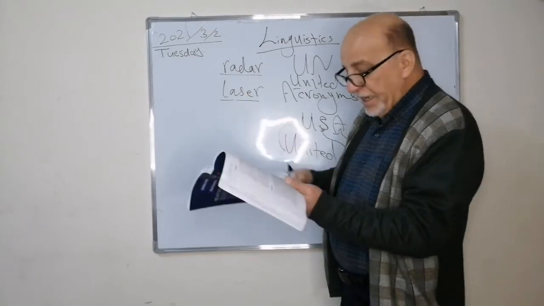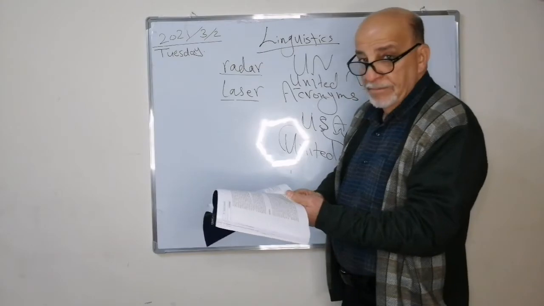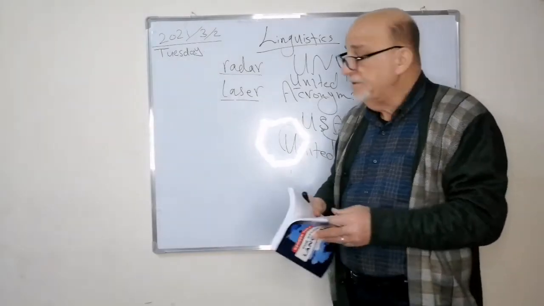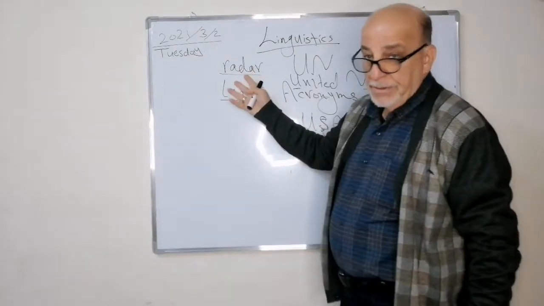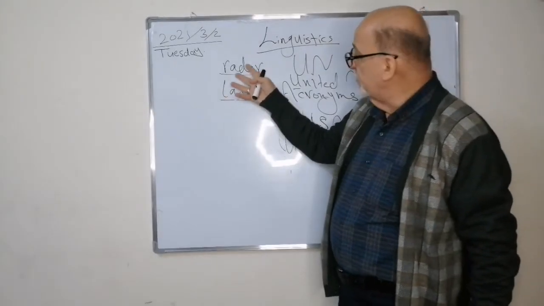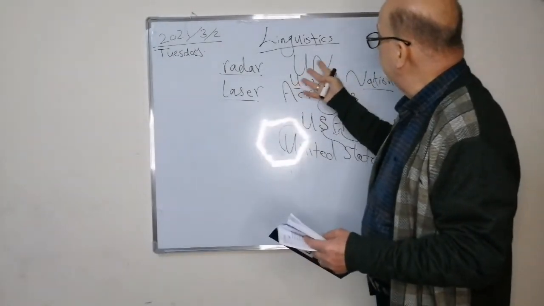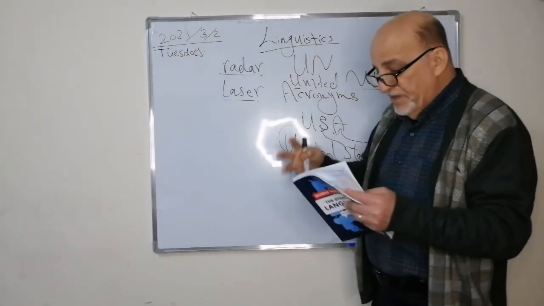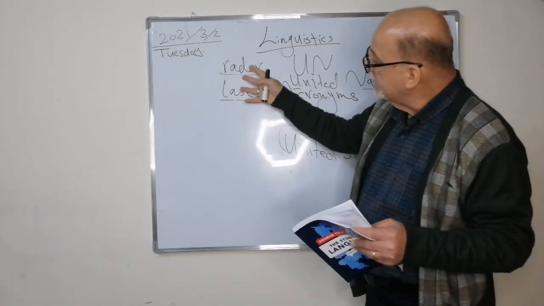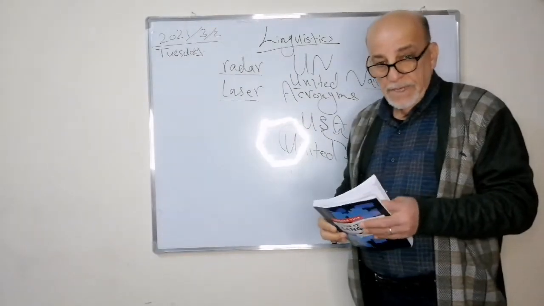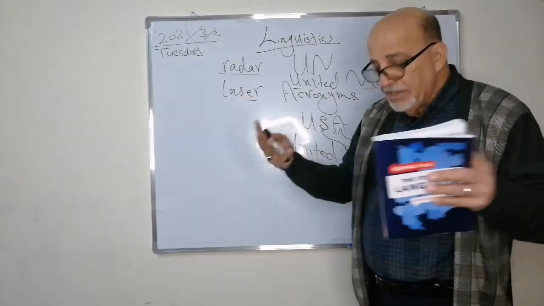Here I have written the word laser in small letters, and I pronounce it as a word. This is an acronym, but I pronounce it as a word. Not like United Nations, UN, which I pronounce as separate letters. No, I pronounce it as a word as a whole, just like any word.